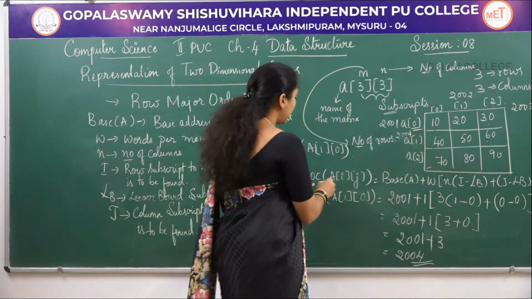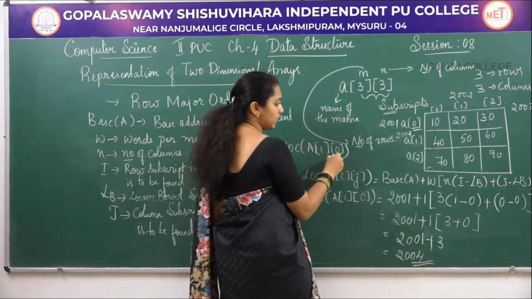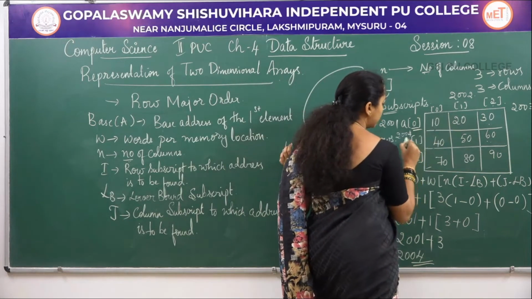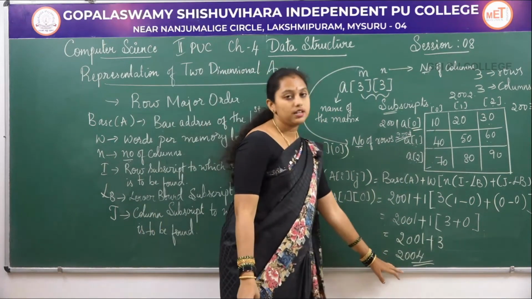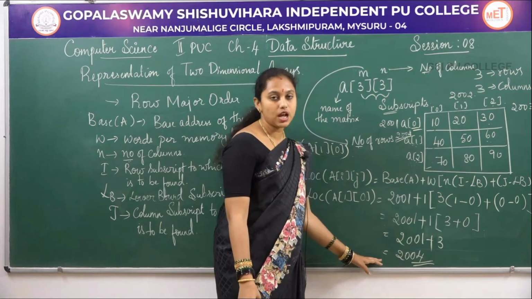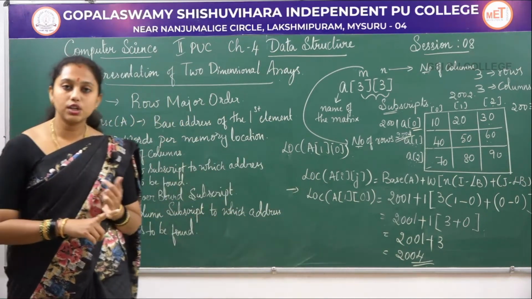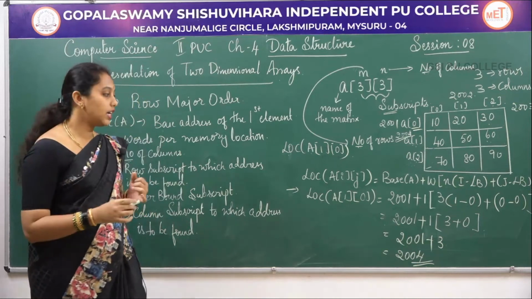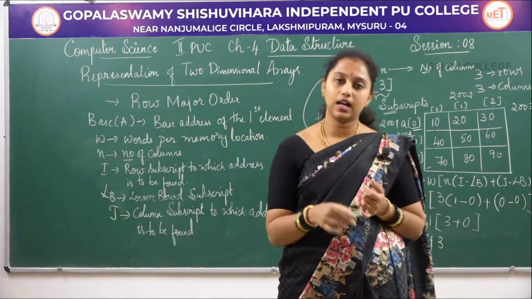So what I have given, we have to find the memory address of A of 1, 0. A of 1, 0 memory address is 2004, hence what we have calculated is correct. So this is how we are going to represent the array elements in row major order, as well as we are calculating the address of any element in an array.